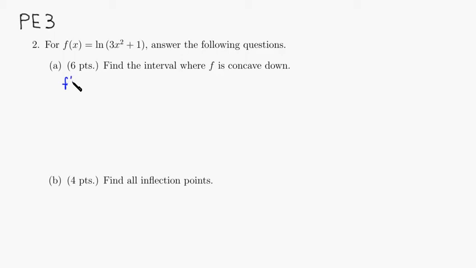f prime of x is equal to... if you have a natural log of g of x, then when you take the derivative, you write whatever is inside the natural log as the denominator, and by the chain rule, multiply by the derivative of the inside function.